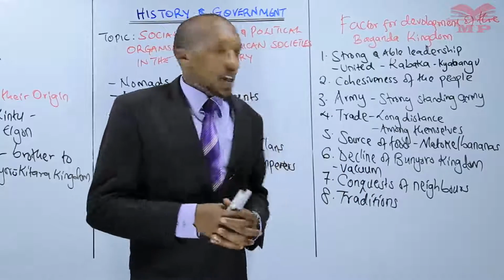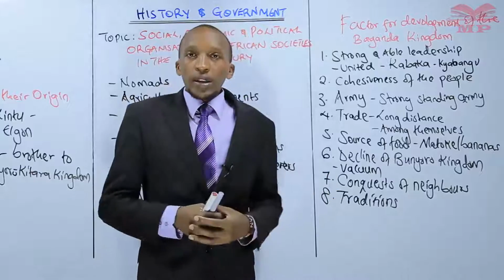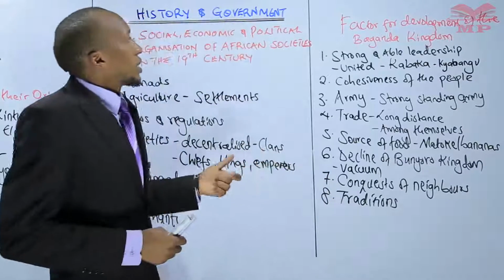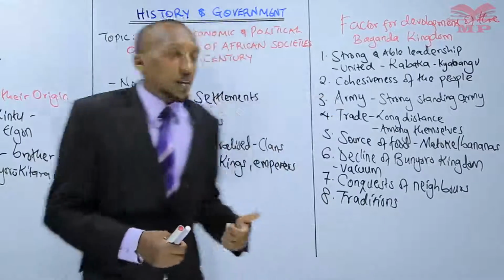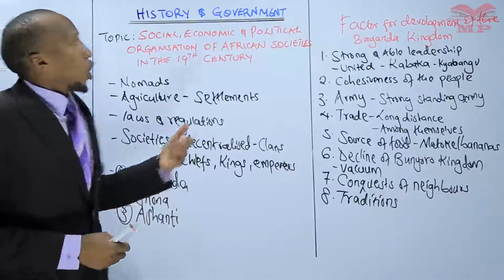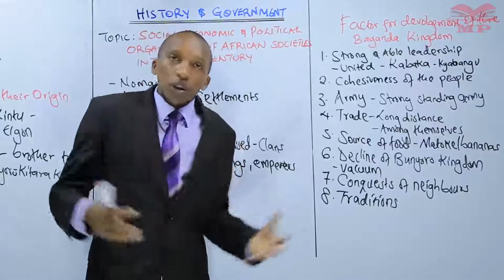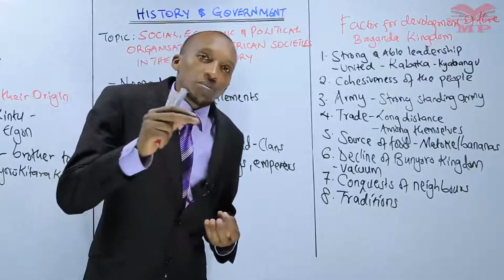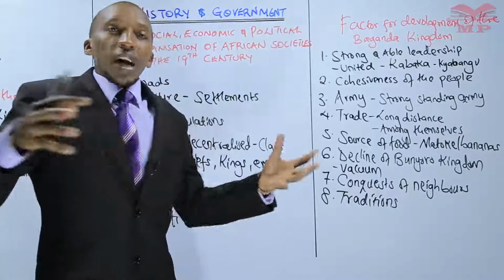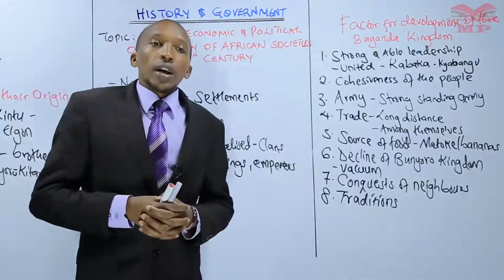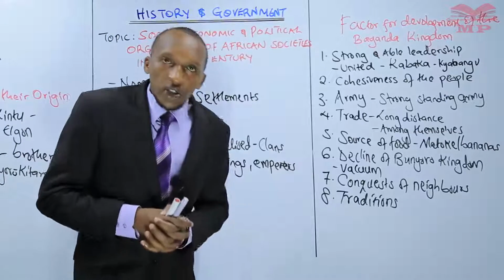So my dear learner, today we have learned about the origin of the Baganda Kingdom, how they developed, and the factors that contributed to them emerging as a strong African society.